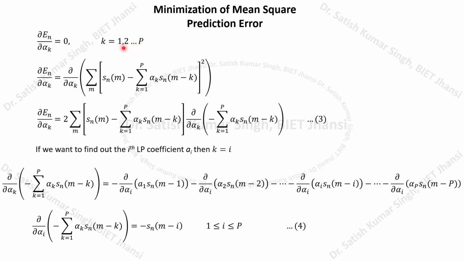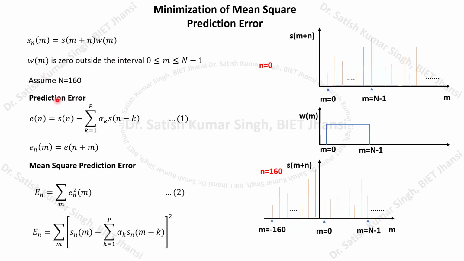So these are the values of different predictor coefficients, because we have considered the pth order predictor, and therefore there will be a total of p different predictor coefficients, right? So that corresponds to k equals to 1 to p. Now if you perform this differentiation of this equation, you please see this equation.